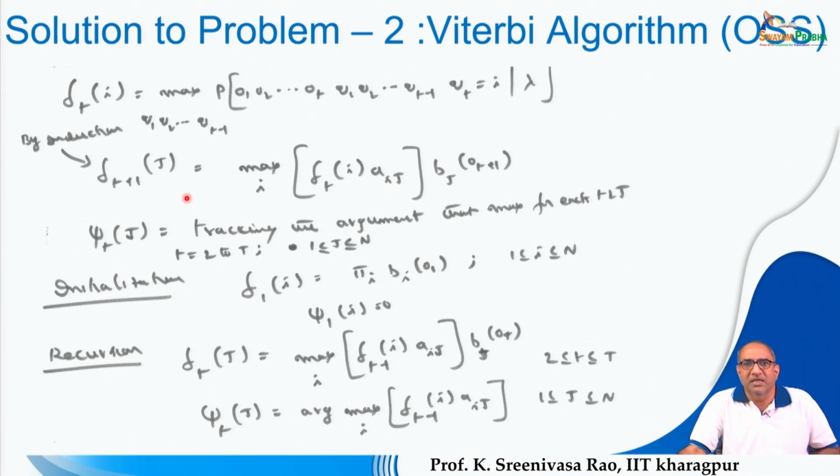It means that at time t plus 1 the system should be in state j. Therefore, at time t the system will be in one of the n states. Out of those n states, which is the maximum probable state? That way you can compute.